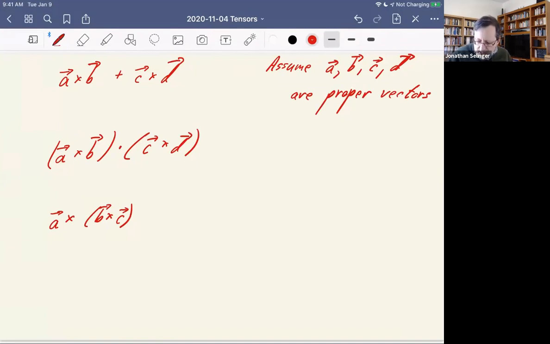In that case, A cross B, the cross product of two proper vectors, is a pseudovector. C cross D is also a pseudovector. And so you have the sum of pseudovectors, which is also a pseudovector.